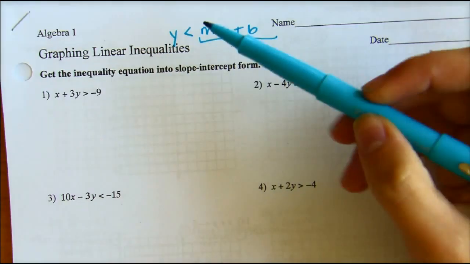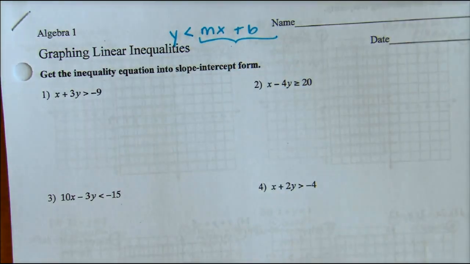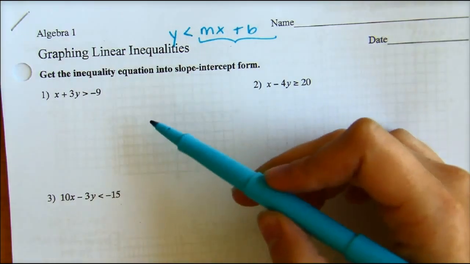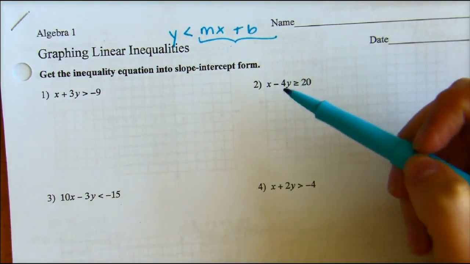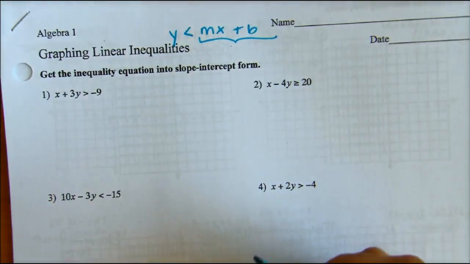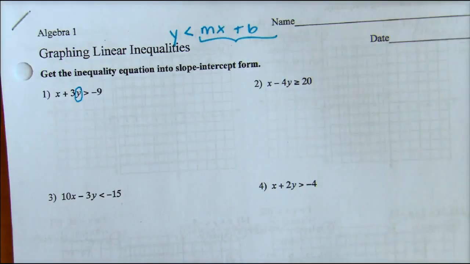As a reminder, I want to get that y by itself on one side, everything else on the other. So I'm going to go through the first one with you, and then you'll have some options for where you can go from there. For this first one, I'm trying to get y by itself. I'm going to circle the y value, and I'm going to look for what is being added or subtracted from that y value.